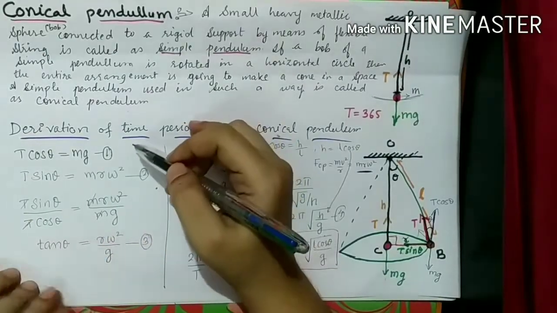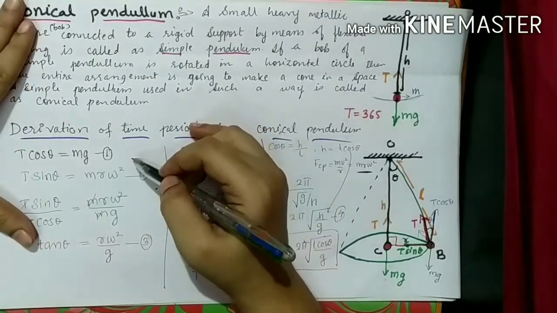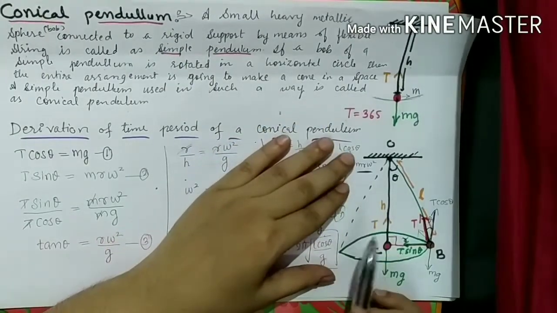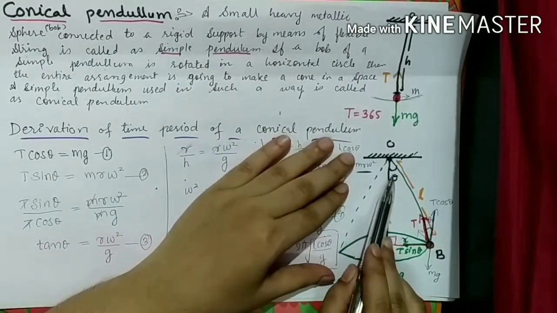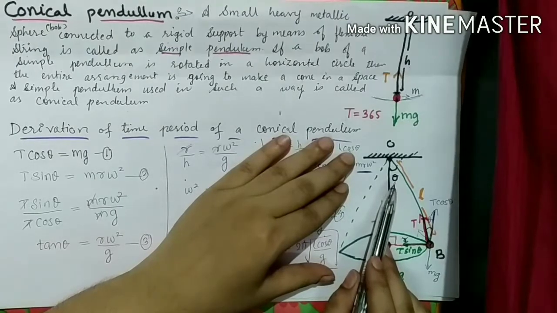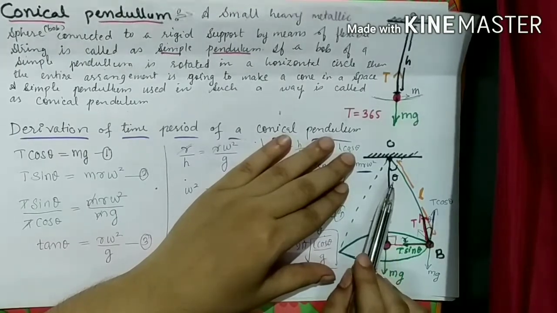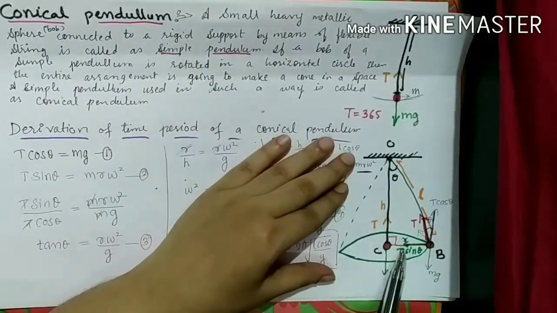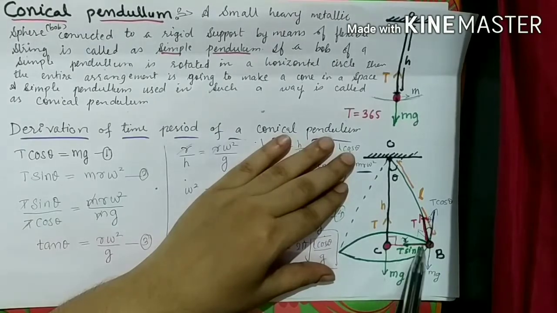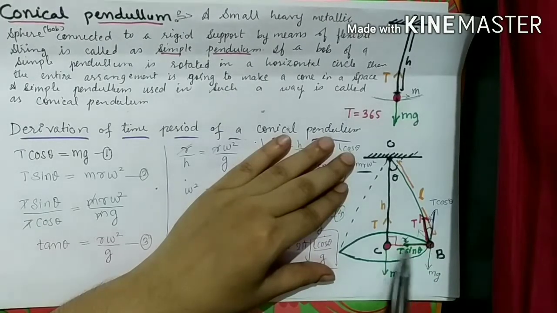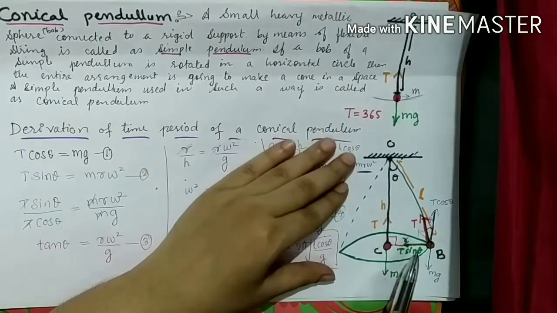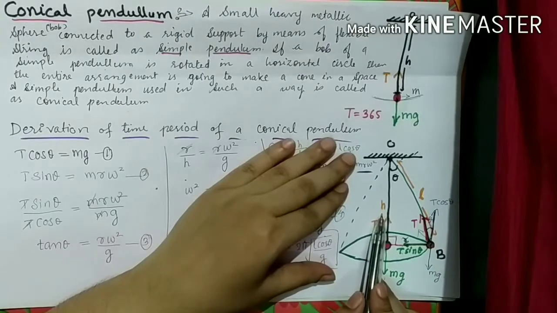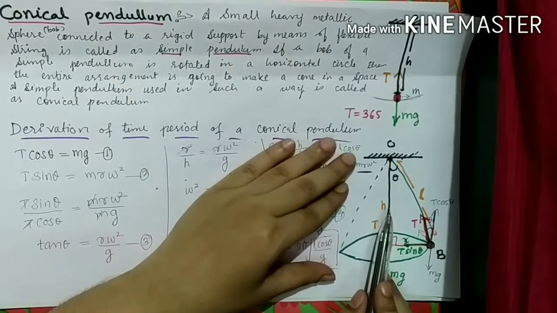Now let us substitute the value of tan theta from this diagram. How will you find out the value of tan theta from the diagram? See here, theta, use the trigonometric rule. Tan theta is nothing but opposite upon adjacent. So opposite side is nothing but the radius of the circle, this line BC, and the adjacent side is the vertical height of the pendulum, which is nothing but h.